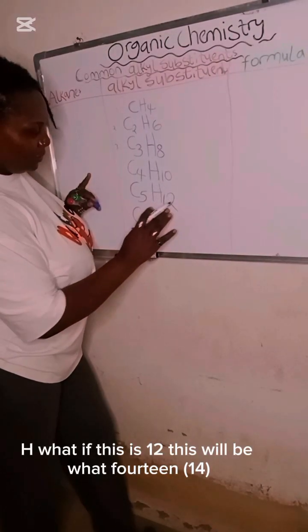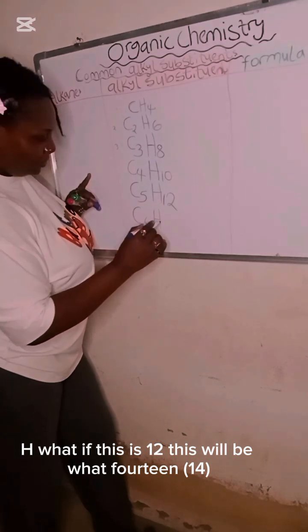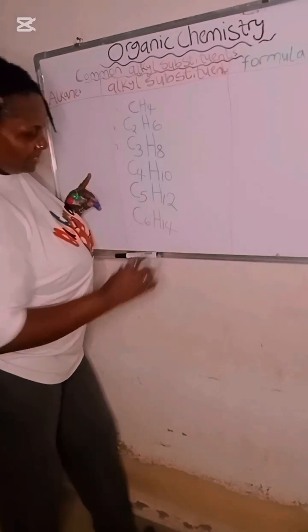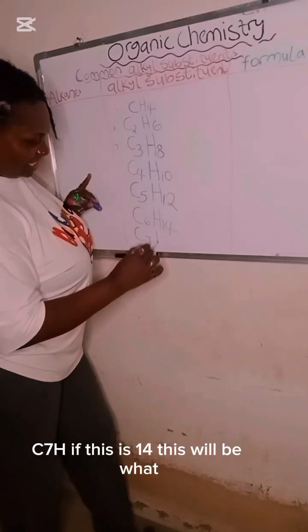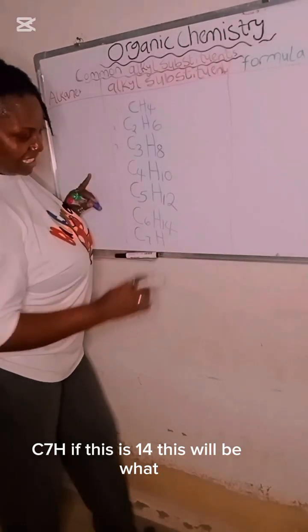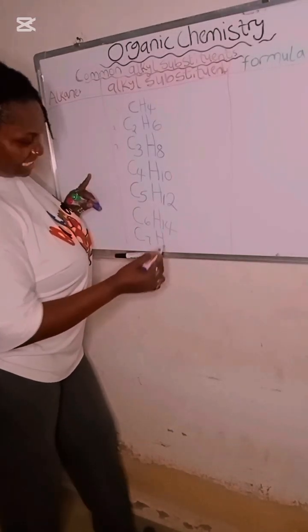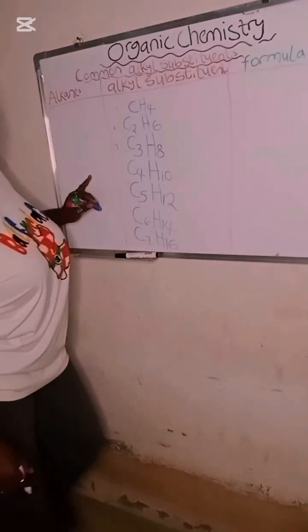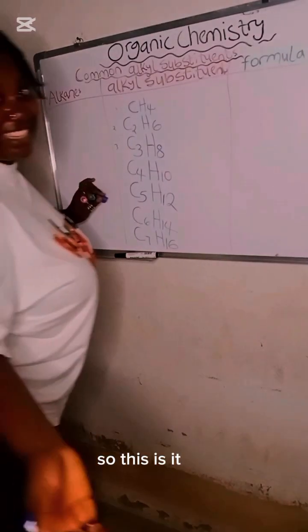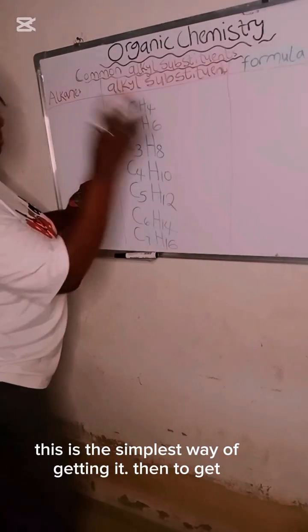If this is 12, this will be what? 14. C7H, if this is 14, this will be what? 16. So this is it. This is the simplest way of getting it.